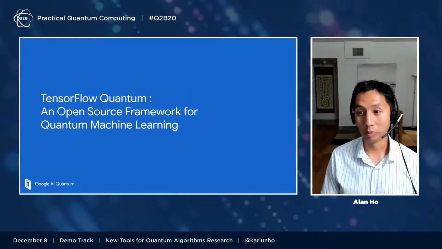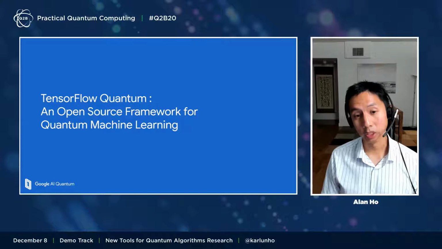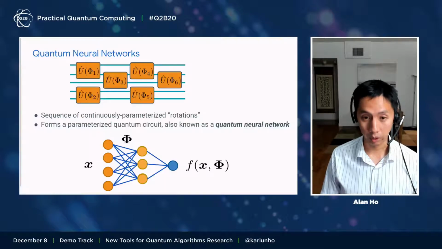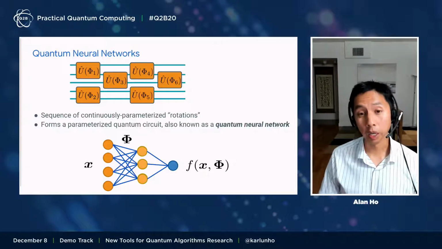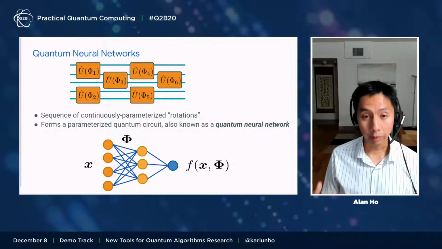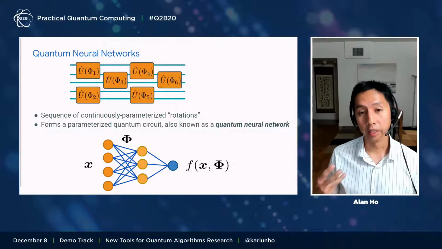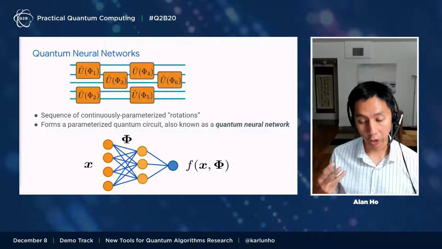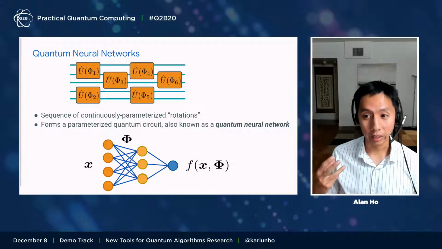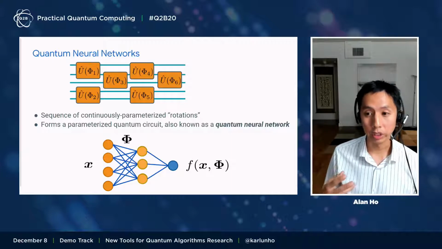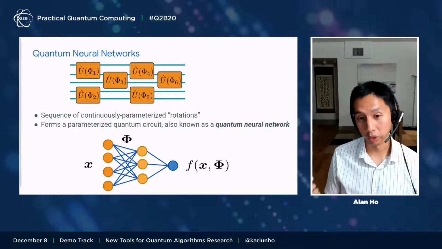So with that, the second tool I'd like to introduce to you is TensorFlow Quantum, which is our open source machine learning framework. To give you some context, there is a type of algorithm called quantum neural networks that leverages the qubits and the gates within the qubits to simulate the operations of data flowing through a neural network.